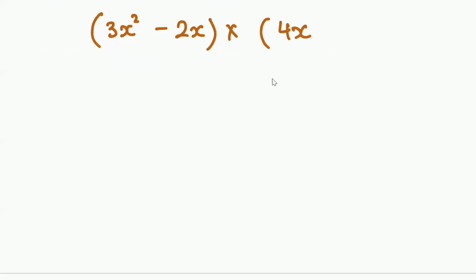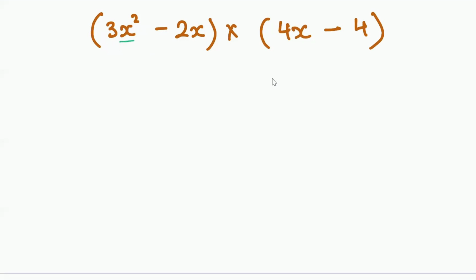Let's take an example. 3x squared minus 2x times 4x minus 4. Okay, so let's say this is our multiplication problem. So first, what we need to do is make the corresponding tiles. I'll give you one example and the rest I will just populate.